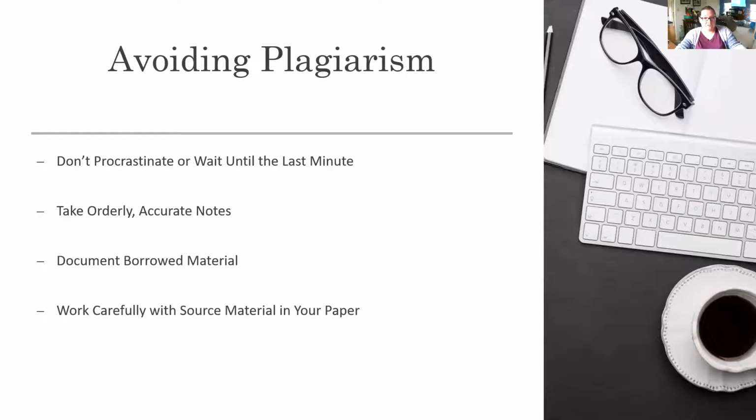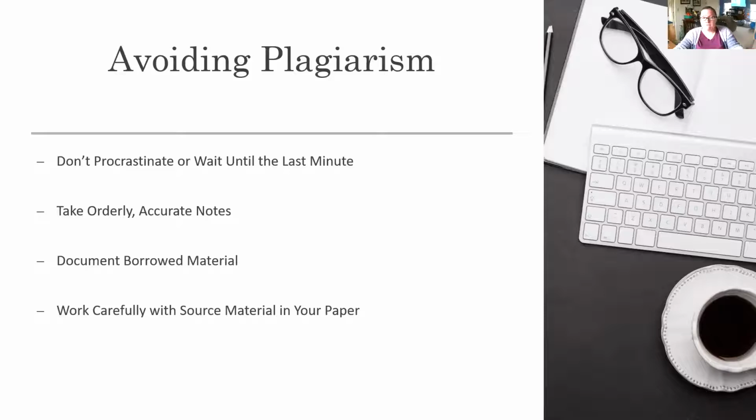While you're working on the research paper, take those orderly, accurate notes that we talked about in the previous lesson on the getting started section. If you are taking orderly, accurate notes about your source material, then you're more likely to get everything right when you actually write the essay.